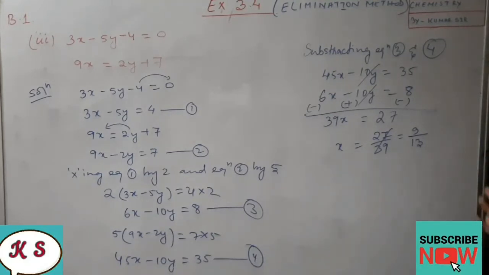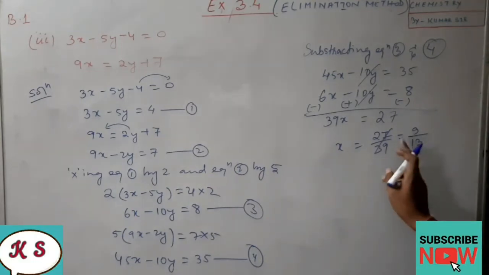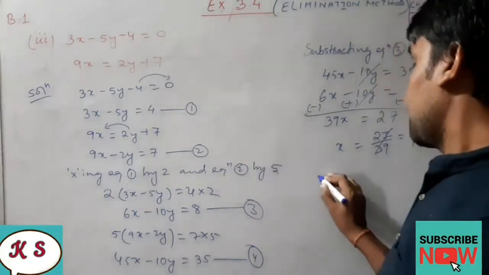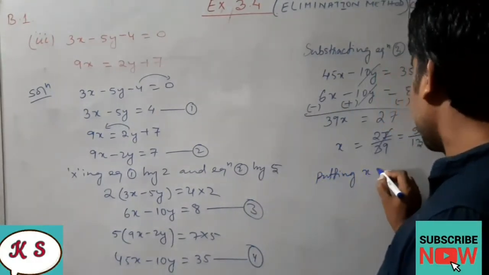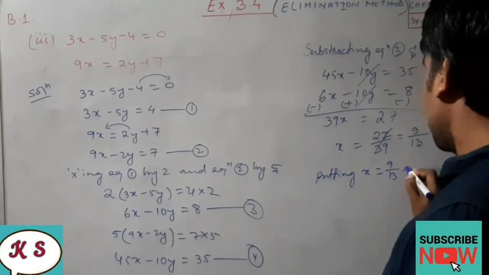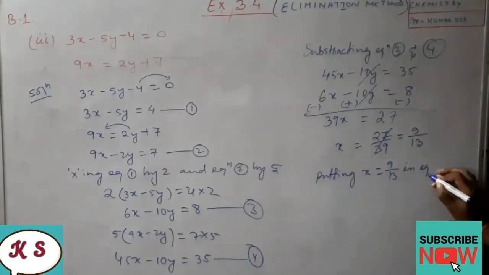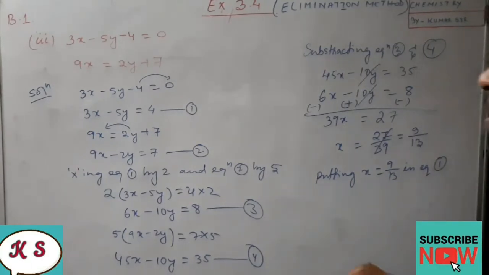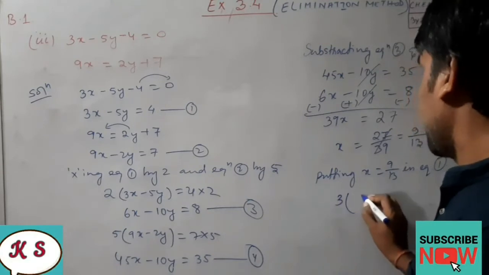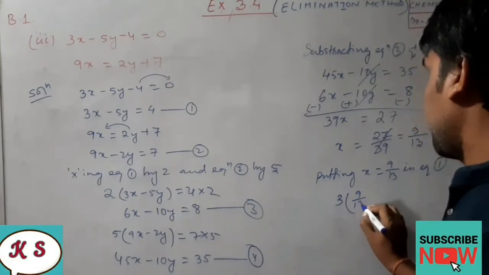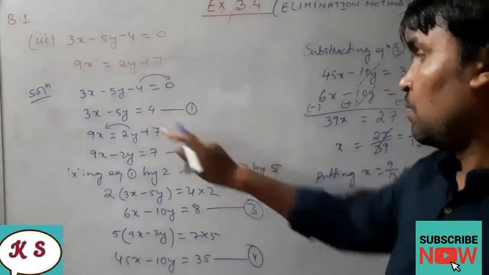Now we will substitute this in any one of the equations and you will get the value of y. So we are going to put this value in equation number 1. Putting x equal to 9 by 13 in equation number 1, 3x is there, so in place of x we write 9 by 13, minus 5y equal to 4.